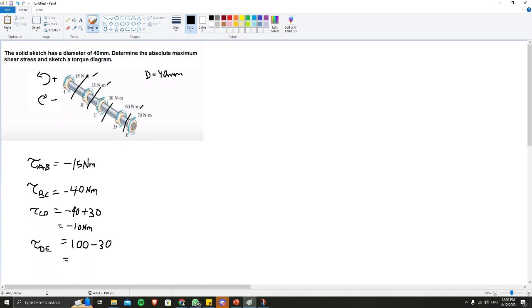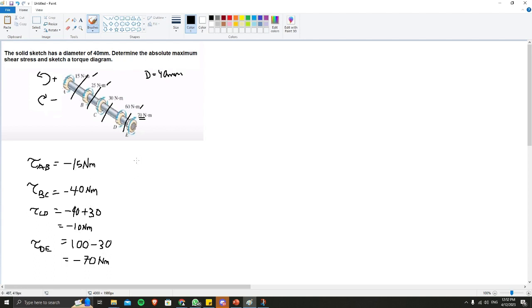But since the 70 over here is positive, we have to give it as negative as the torque. Okay, so we got negative 15, negative 40, negative 10, and negative 70.